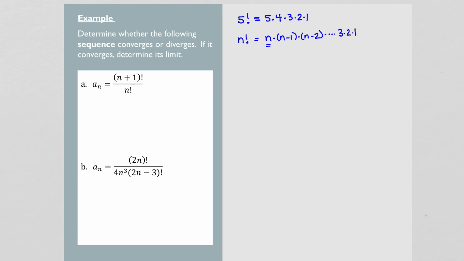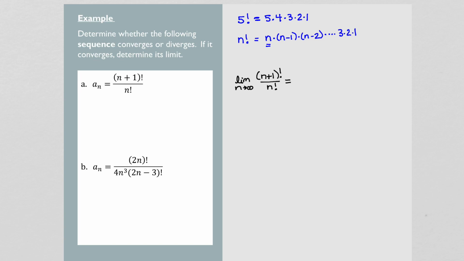So how does that come into play with what we're doing? We're taking a limit as n goes to infinity to determine convergence or divergence for each of these sequences, and we've got these factorials. If I plug infinity in, I have infinity factorial on the top and infinity factorial on the bottom, and we get an indeterminate form.